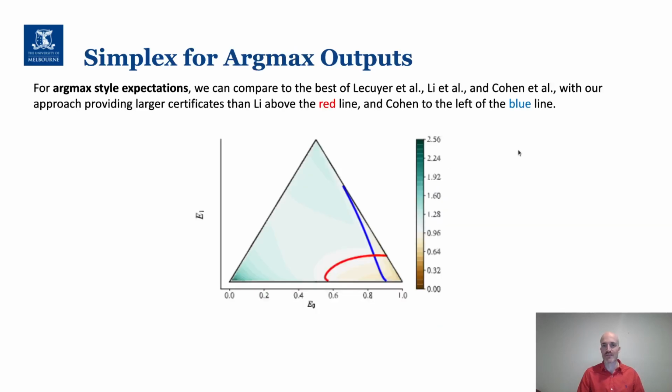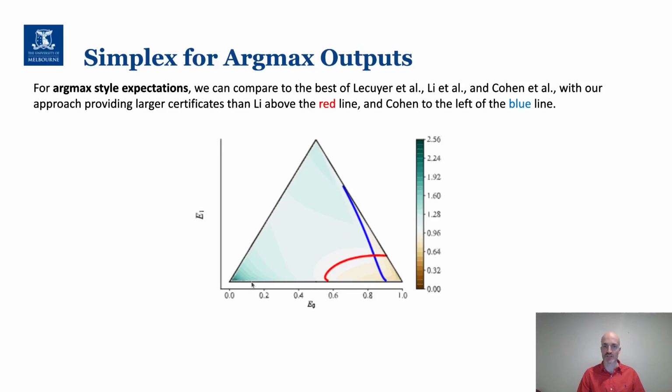We can perform the same sort of analysis for argmax style expectations, where now our technique is compared to the largest of LaCoya's approach, Lee's approach, or Cullen's approach. What we find is that our approach produces the largest expectation in the region above the red line and to the left of the blue line.